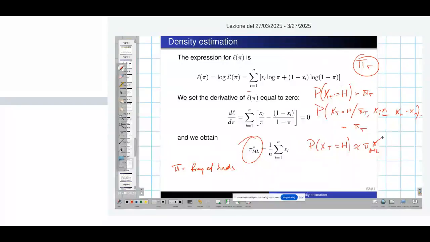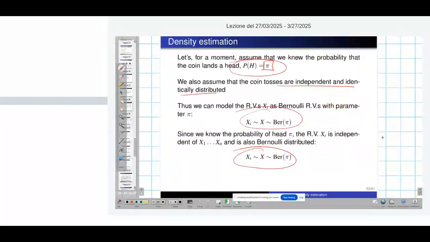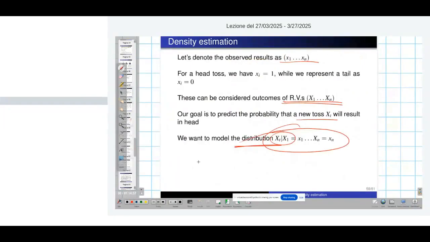So essentially, in the frequentist approach, our predictive distribution, the probability of xt being, in our case, head, given x1 to xn equal to something, should be pi t, but since we don't know pi t, we will approximate it with the estimate that we have of pi t. In this case, the maximum likelihood estimate.